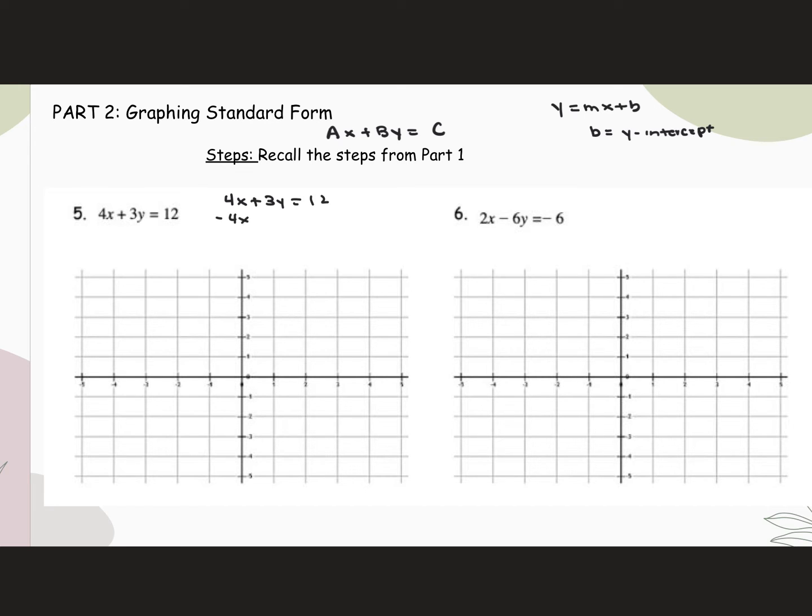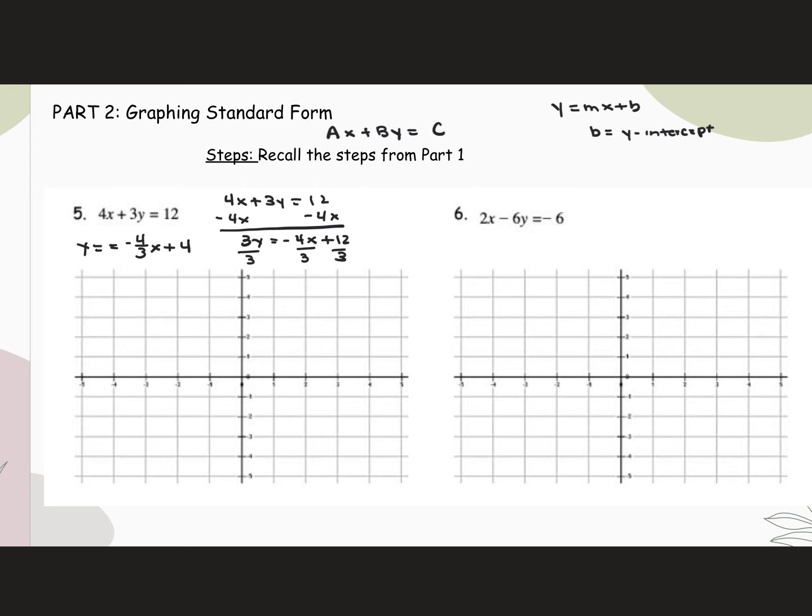So I'm going to subtract 4x from both sides. 3y is equal to negative 4x plus 12. Then I'm going to divide both sides by 3. So I get y is equal to negative 4 over 3x plus 4.